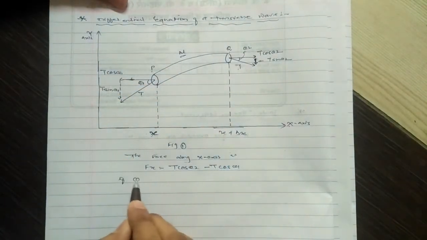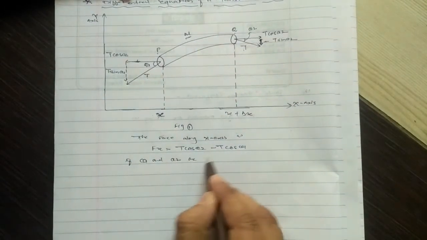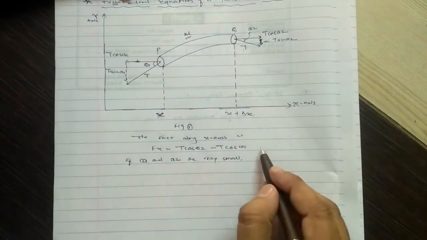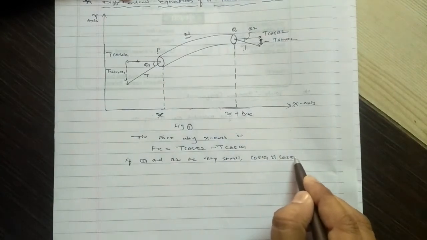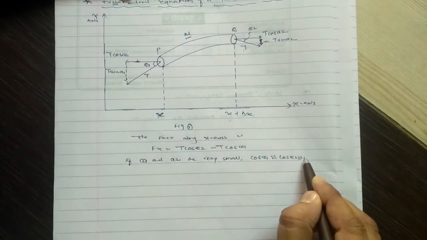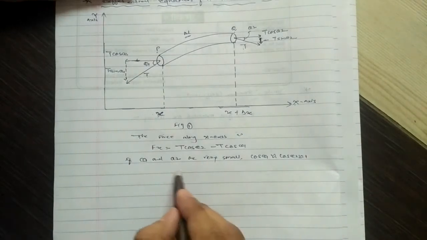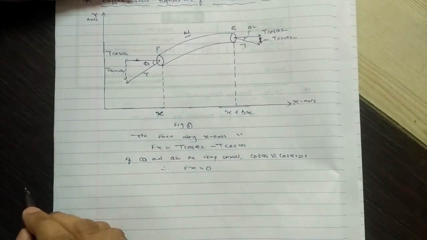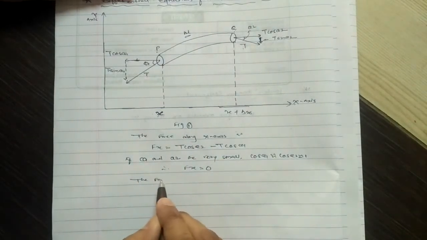If theta 1 and theta 2 are very small, cos theta 1 is approximately equal to cos theta 2, approximately equal to 1. Therefore f of x is equal to 0, because theta 1 and theta 2 are very small.